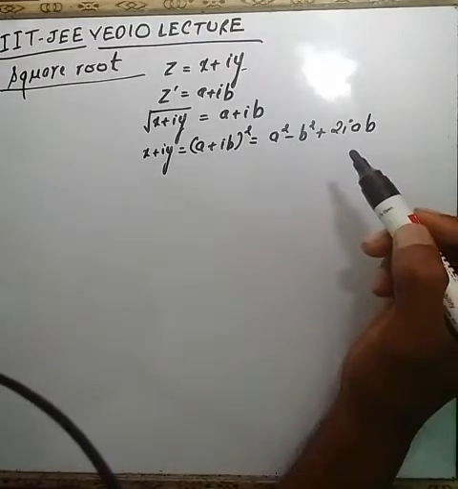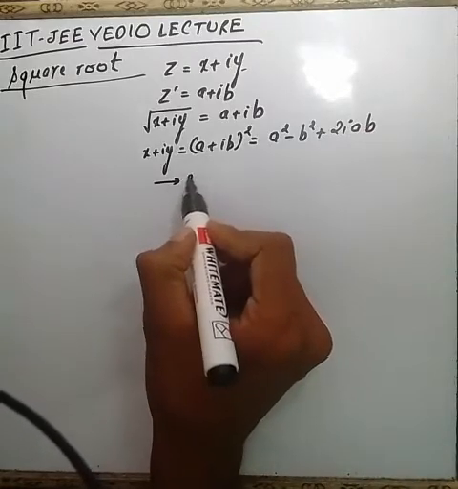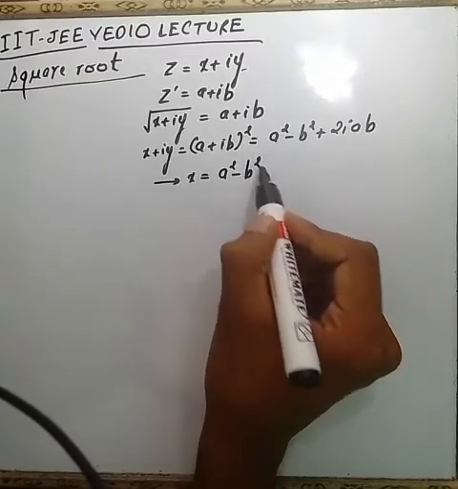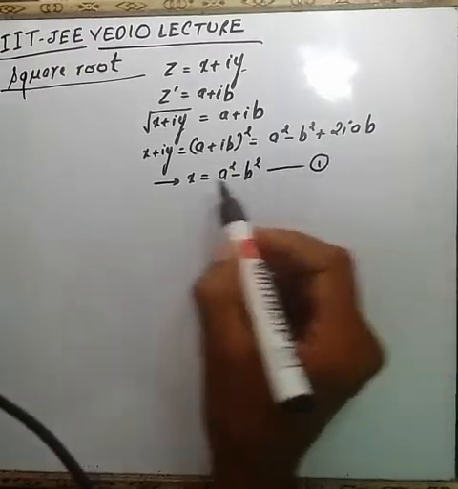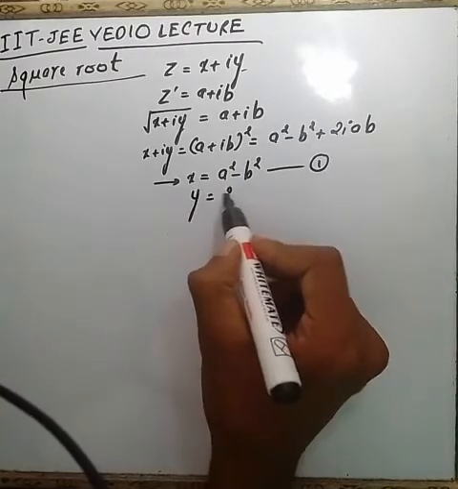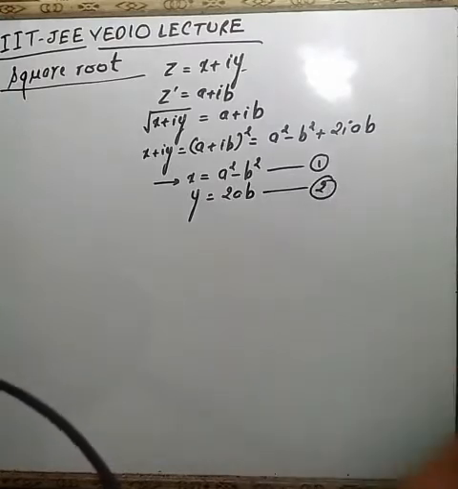Now equating LHS and RHS, x equals a square minus b square, and y equals 2ab, second equation.